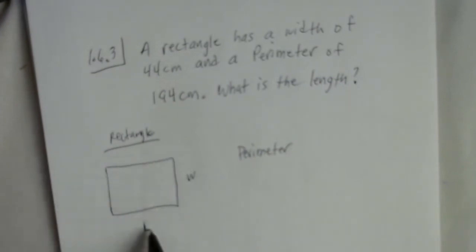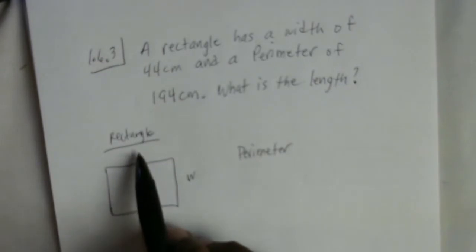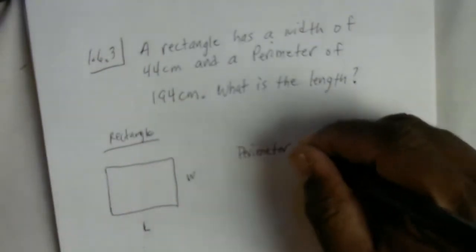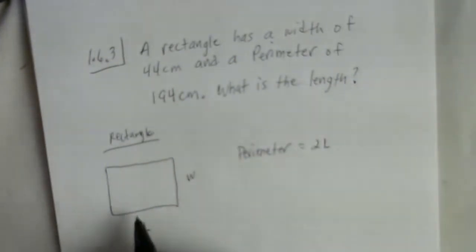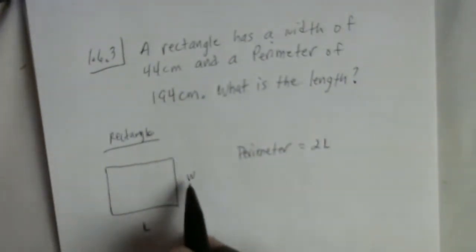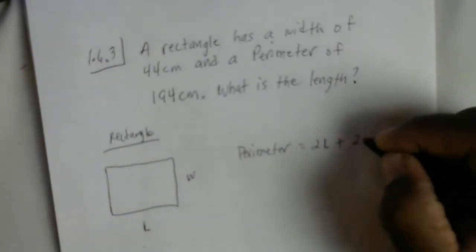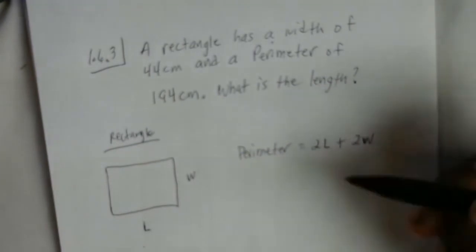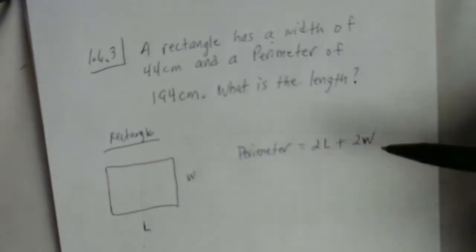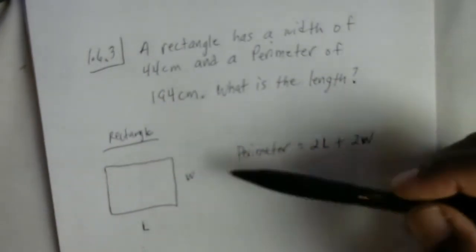So if this side is L and this side is L, when I add those two sides, I would get 2L. Since this side is W and this side is W, I can add these two sides to get 2W. And this is how we will find the perimeter. We would just add up all the side lengths.